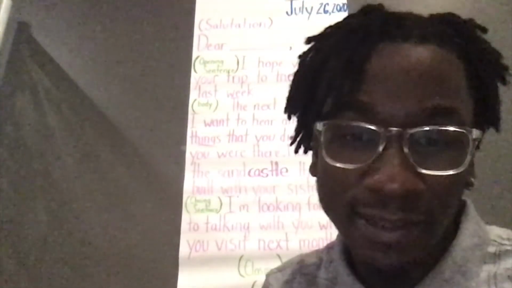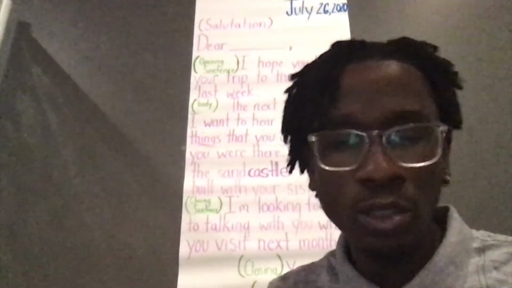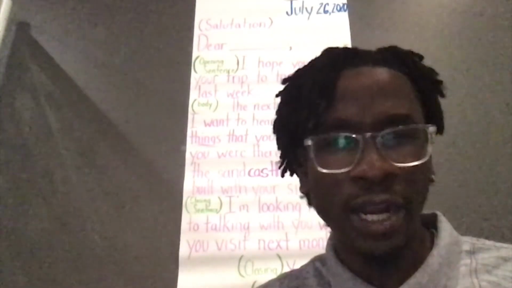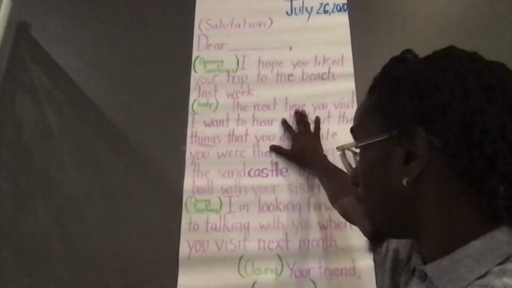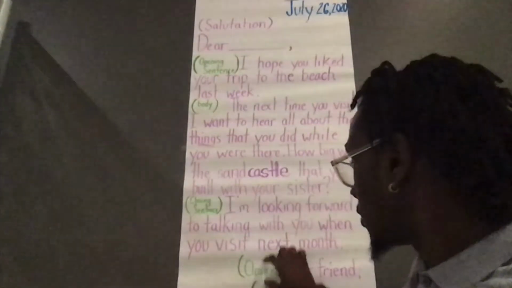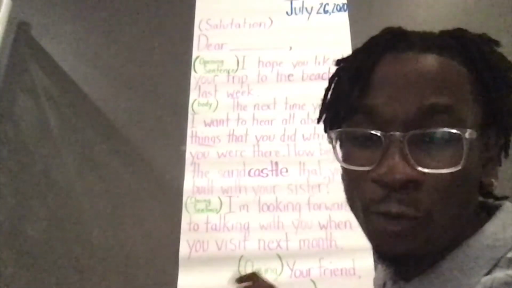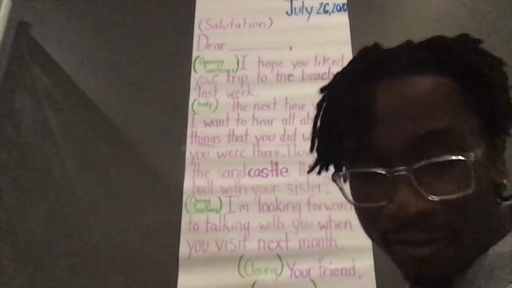Your opening sentence, which is like a how have you been, or just a nice sentence to introduce yourself or ask the person that you're writing to, how's everything going? It could also be a statement. Then you have your body, your closing sentence, and a part of your closing, your friend, sincerely, with love, stay blessed, and then your name.